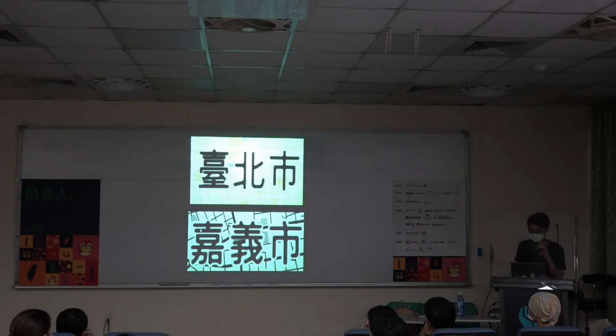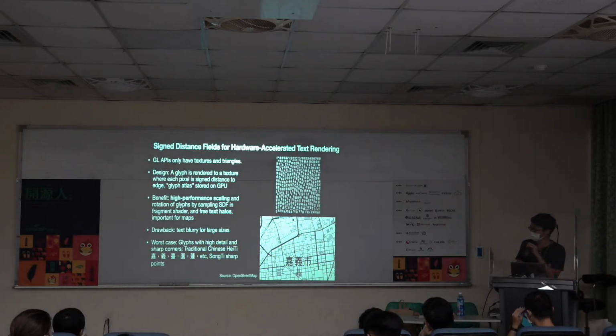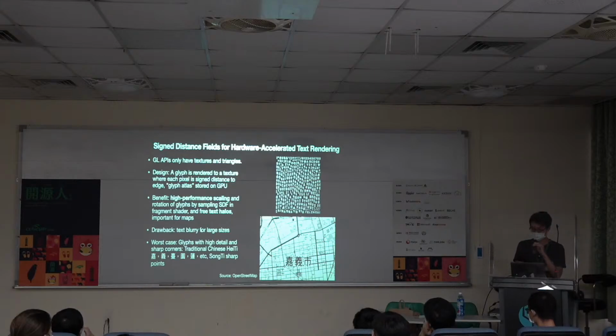And why is this? It's not very pleasing to the eye, because even if you choose a Heiti font that has sharp corners, it will always become this way. So why is this? In particular, the Mapbox GL library uses a technique called signed distance fields.